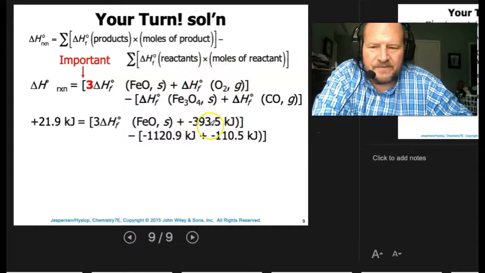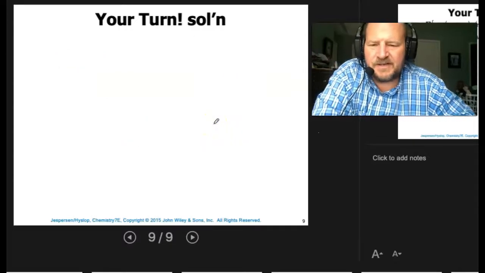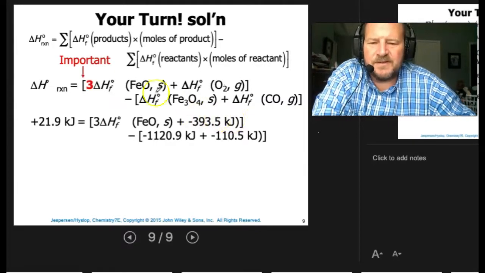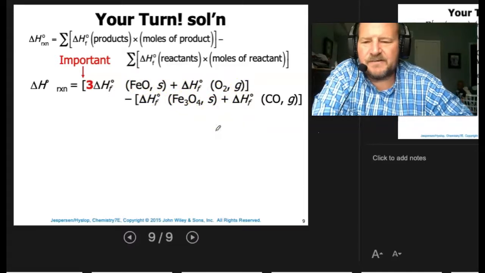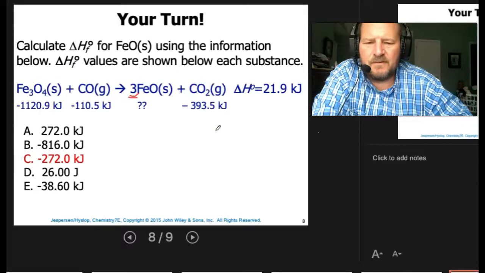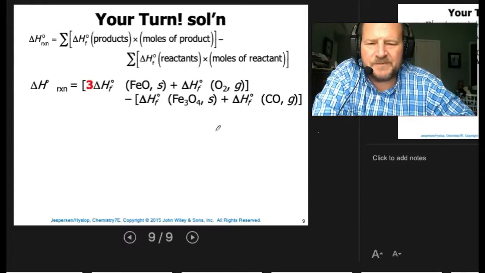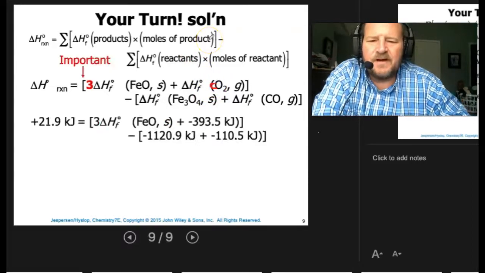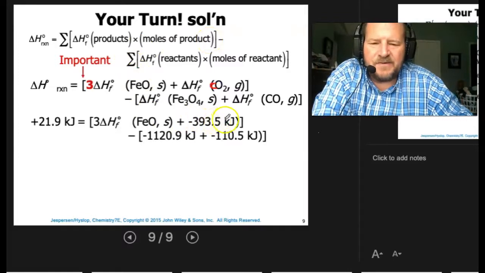So the negative 393, just double check that. 393 is for the CO2. Getting a little confuddled right in here. So this is O2 gas, but there is no O2. So that's the typo that's kind of messing with me. I hope it's not messing with you. This should be CO2. Right in there. It's like O2, we didn't have any elementals.